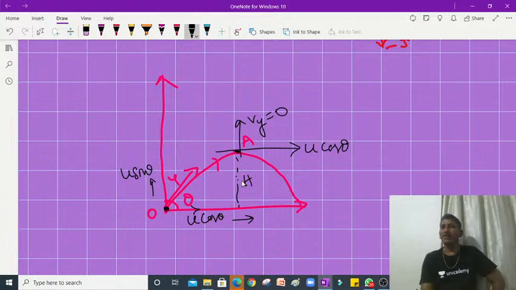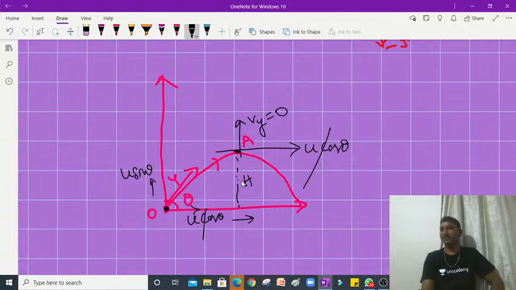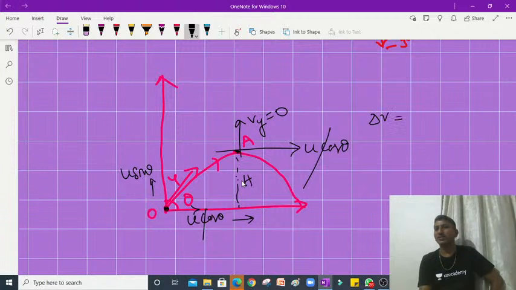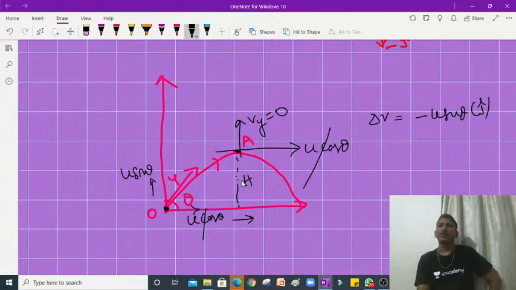Now the change in velocity: about the horizontal direction, u cos theta gets cancelled. Final velocity minus initial velocity about the vertical direction is 0 minus u sin theta. So the change in velocity is nothing but 0 minus u sin theta, of course j cap is about the y direction.